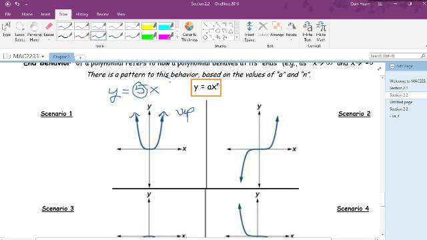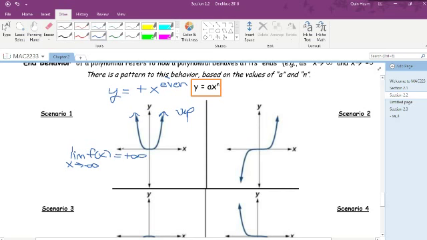So in general, if you have x to an even power and you have a positive coefficient in front, then you're going to have an end behavior where the limit as x goes to negative infinity of f of x is going to be positive infinity.